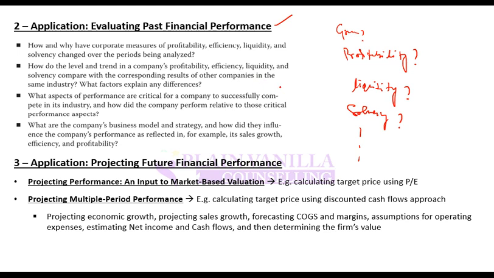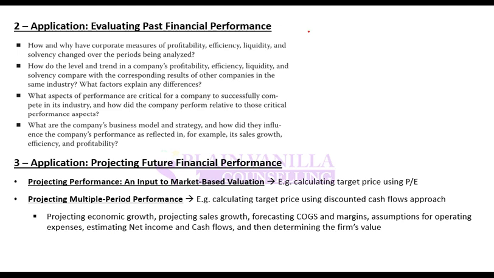How did the company perform, how did its position change, and what were the reasons for that performance or that change in position. All these questions can be answered through financial statement analysis, by calculating ratios, by making common size statements, by drawing comparisons.